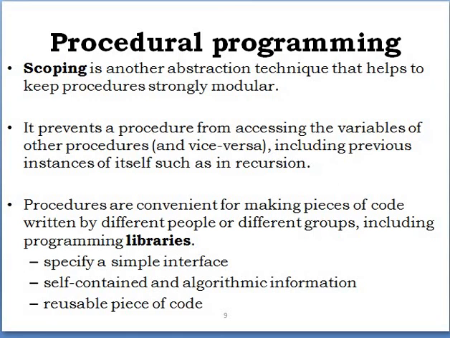Procedures are convenient for making pieces of code written by different people or different groups, including programming libraries, which specify a simple interface, self-contained and algorithmic information, as well as reusable pieces of code.